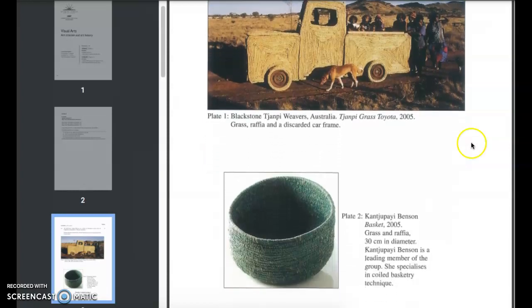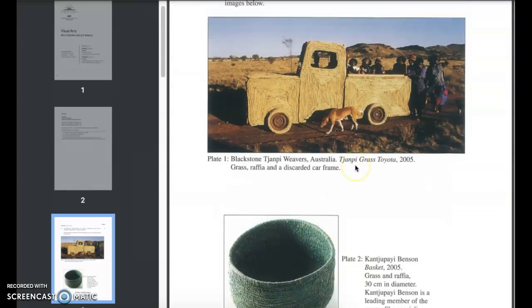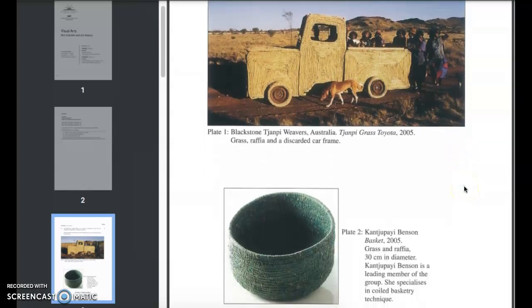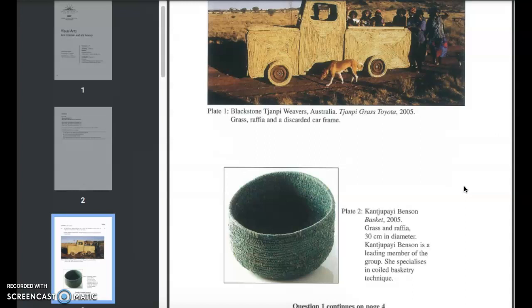It's even given you some more specifics, coiled basketry technique, which you probably wouldn't have known just from looking at that. We might have just assumed it was weaving. So it's really important that you read this information. It can give you so many clues to talk about in your art response.